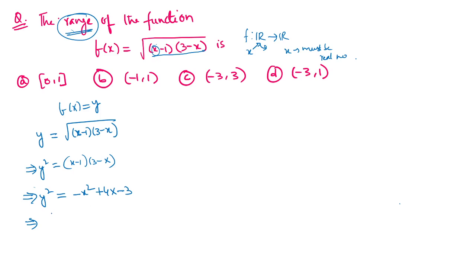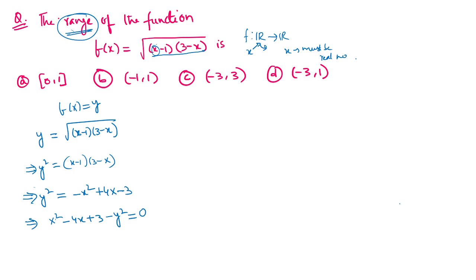So what we are getting from here is x square minus 4x plus 3, and then plus y square is equal to 0. And this is quadratic in x.